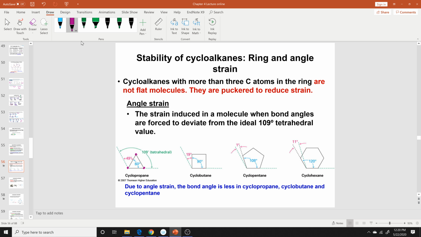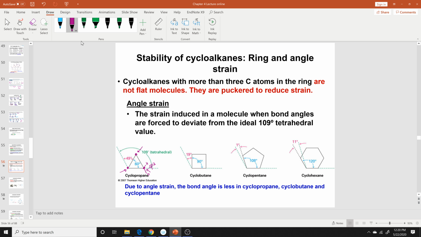However, if you take a close look at the hybridization of each of these carbons, the hybridization is not trigonal planar. The hybridization is sp3. So this means that the bond angle, I have a hydrogen here and a hydrogen in there, the bond angle between the hydrogens is going to be 109.5.